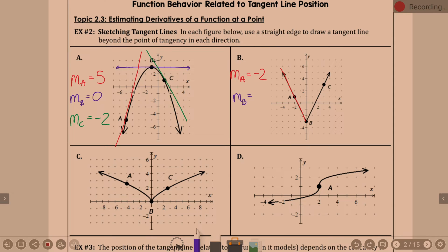You're at the top of a curve. Bottom of a curve, top of a curve, doesn't matter. This is not a curve. That is what we call a sharp point, a cusp. A sharp point on a graph is also known as a cusp.